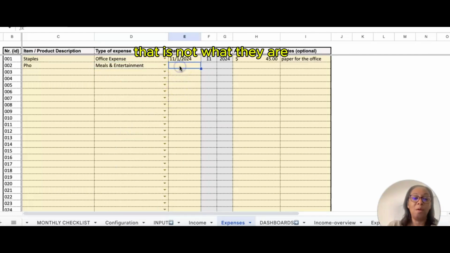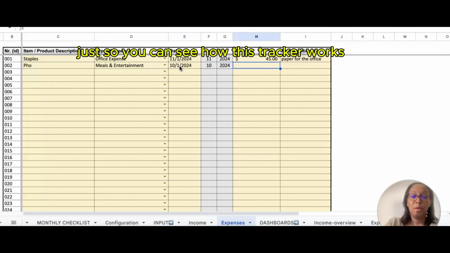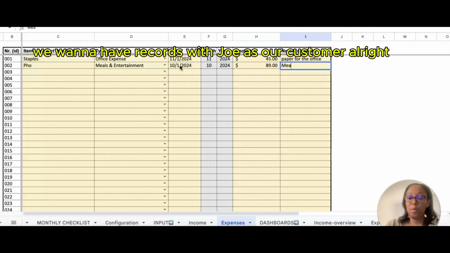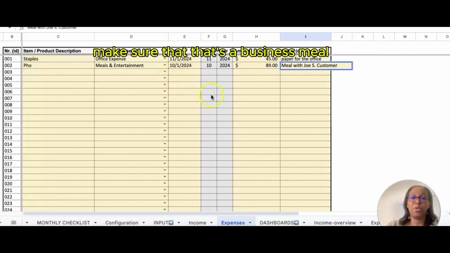That is not what they are. And we are going to put the date for this purchase as well. So just a couple examples just so you can see how this tracker works. And the meal, let's say, was $89. Okay. And then, of course, because it's a meal out, we want to have records with Joe S, our customer. All right, so we want to for sure make sure that that's a business meal.